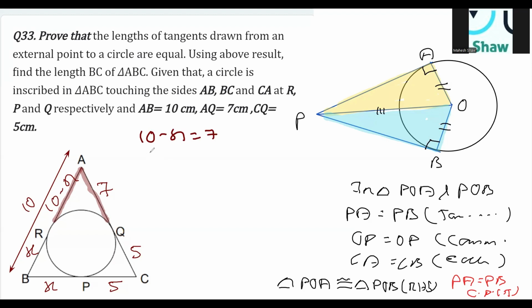So that means 10 minus 7 is equal to X. So we get X as 3. And X is BR or BP. So we can say BP is equal to BR, which is equal to 3. Now check what we have to find out, the length of AB. Well, what are they asking?